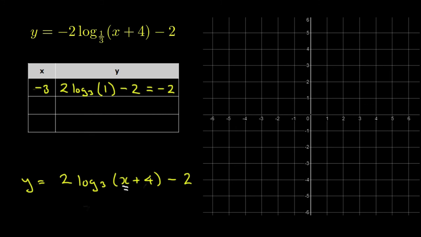So the next one, of course, remember the other easy situation we saw in the previous examples is that if we can get our base duplicated in the input, this is a super easy log to evaluate, and this whole expression becomes pretty trivial as well. So log base 3 of 3 is 1, so this is just 2 times 1 minus 2, which is 2 minus 2, or 0.